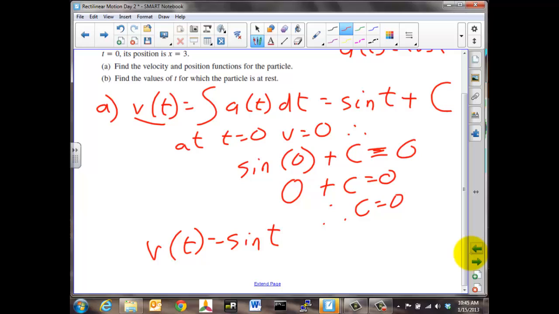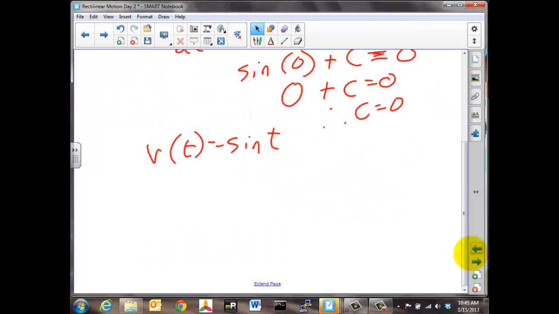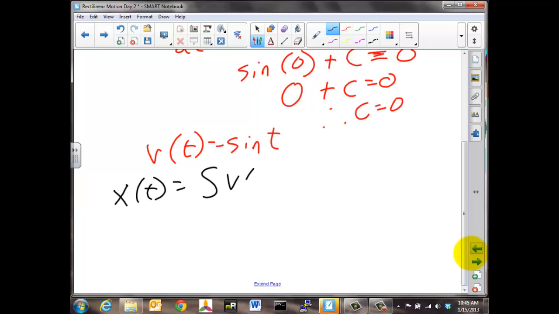Now we need to find the position. To get the position, we're going to call that x of t. We're going to integrate the velocity. And if we integrate sine, we get negative cosine of t plus c.